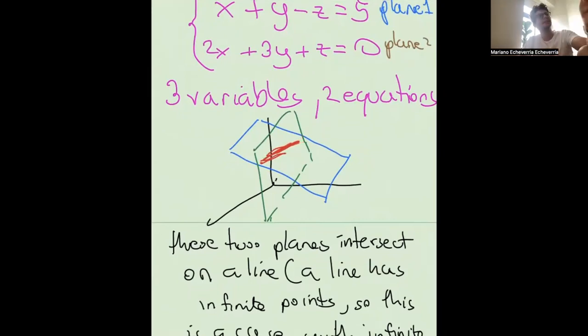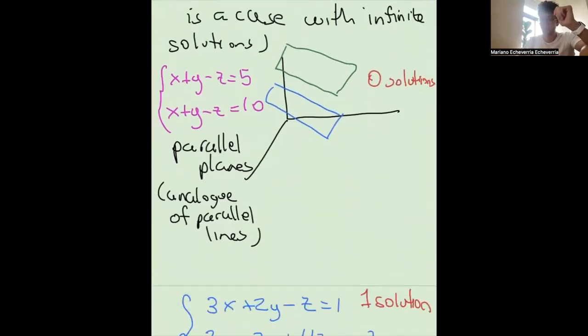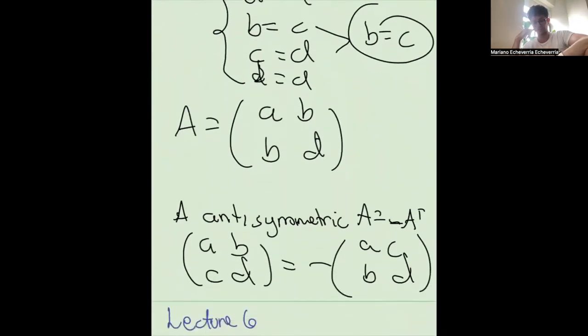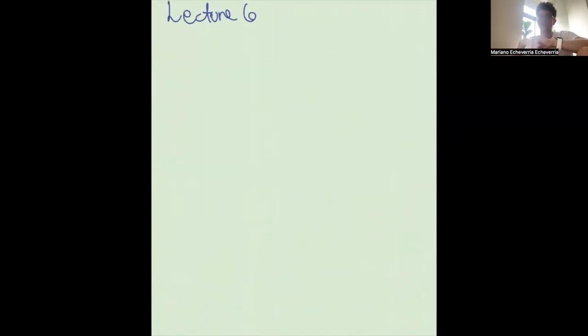When they intersect in a line, that's infinite solutions because a line has infinite points, or they're parallel, so zero solutions. Or you could have three planes and arrange them so that all of them exactly meet at a single point. That one is harder to draw, so that's the one I showed you on GeoGebra at the end of yesterday's class. But the point is that even for the case of planes, it's 1, 0 or infinity.